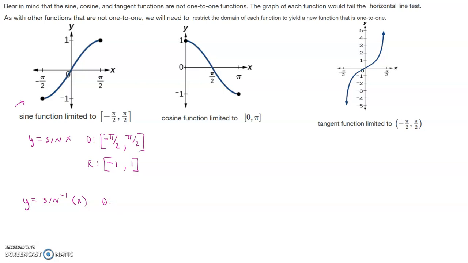So our domain here is going to be from negative 1 to positive 1. And our range is going to come from the domain of our original. So we're going to be looking at negative pi over 2, positive pi over 2.